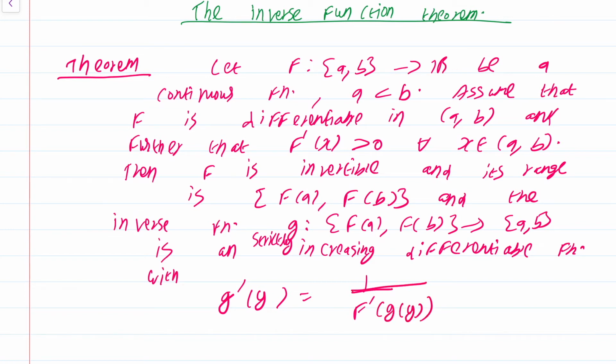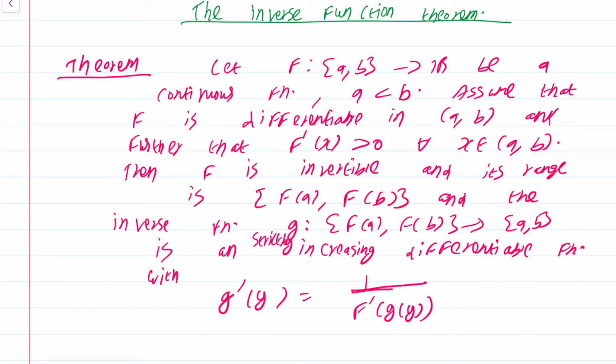So let me read out this statement. You have a continuous function from closed interval [a, b] to R. We are assuming that f is differentiable in the open interval (a, b), and further that the derivative is greater than 0 at all points. Now we already know that under these hypotheses the function f will be strictly increasing. Therefore, we have already shown that f is invertible in an earlier module, and not only that, we have shown that the inverse is a continuous function.